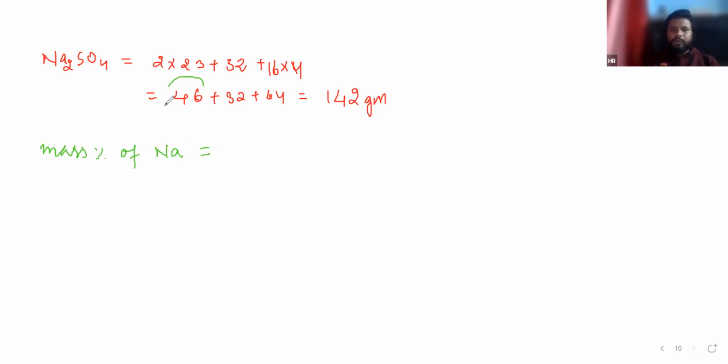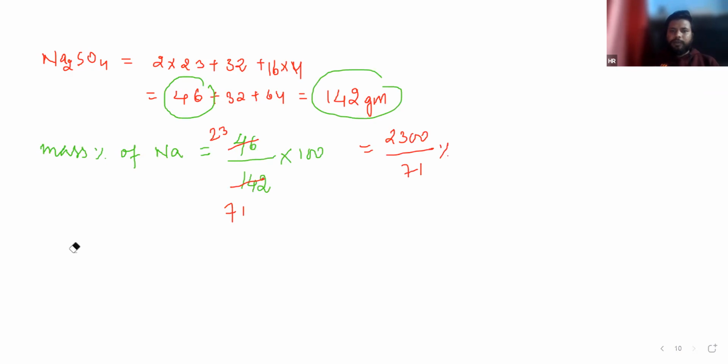How much gram of sodium is present? 46 gram in 142 gram. So 2300 upon 71%.